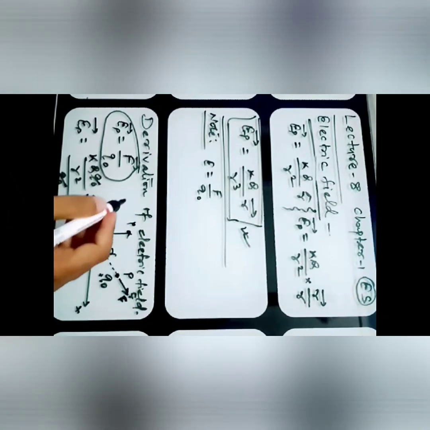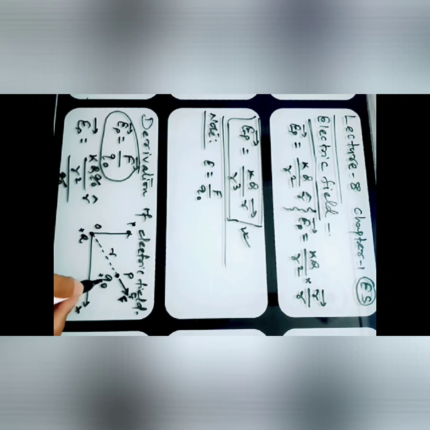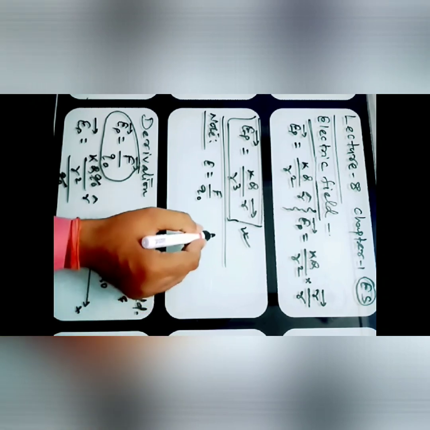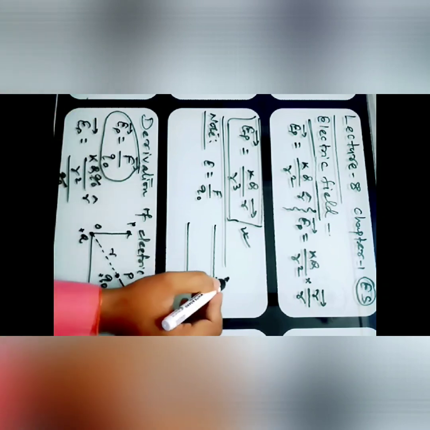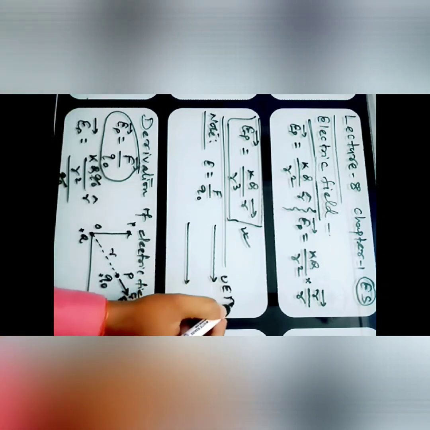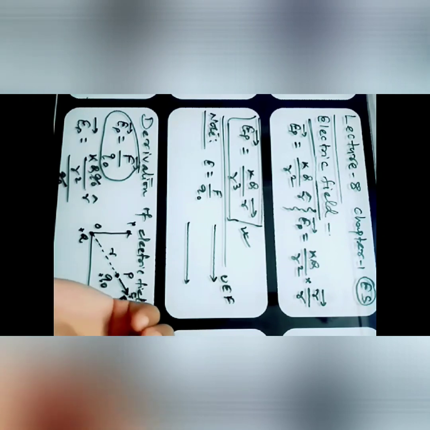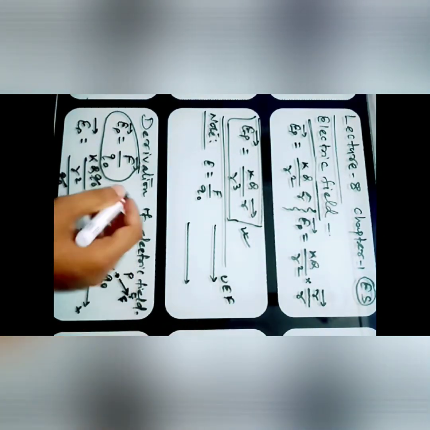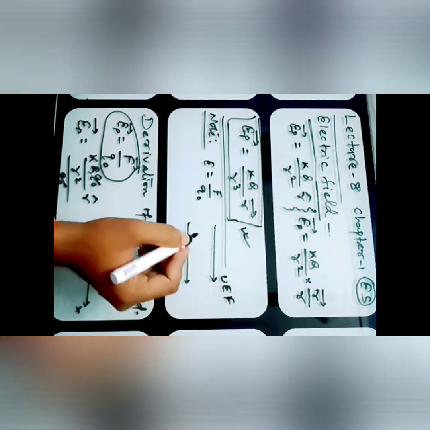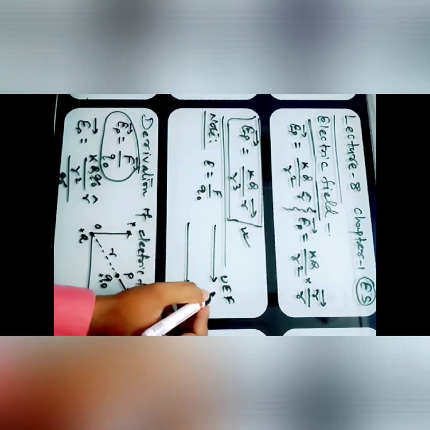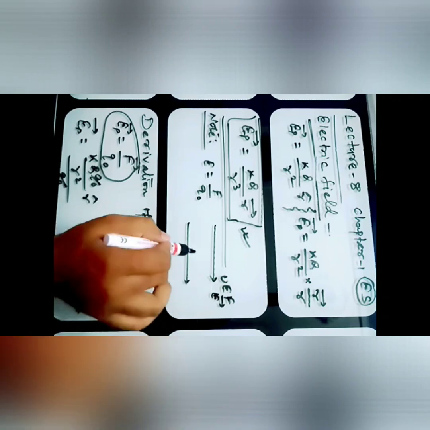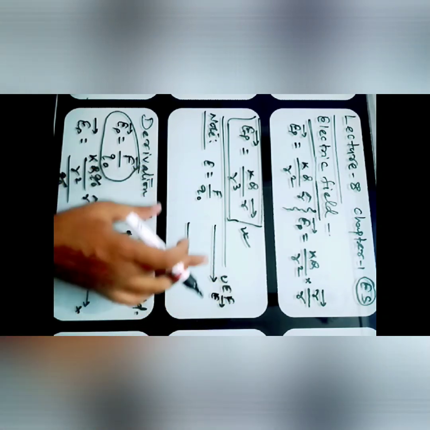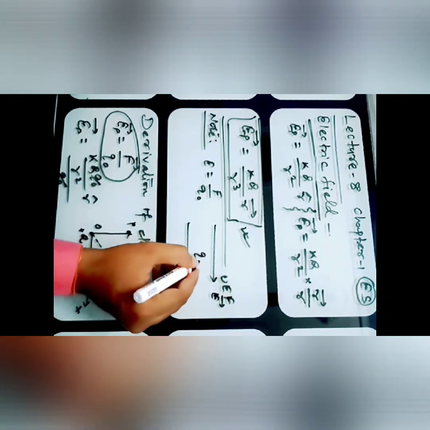It is quite obvious. If any charge is placed in the presence of an electric field, this charge will start experiencing a force. Suppose this is a uniform electric field. We'll talk about the non-uniform electric field also. So in a uniform electric field the strength of the electric field is E. Whatever may be the source of the electric field, we have placed a test charge over here.